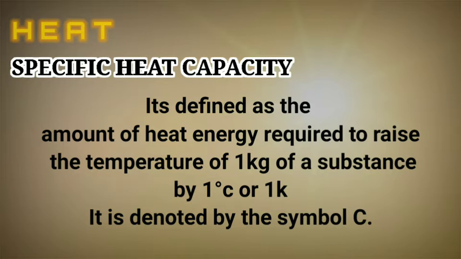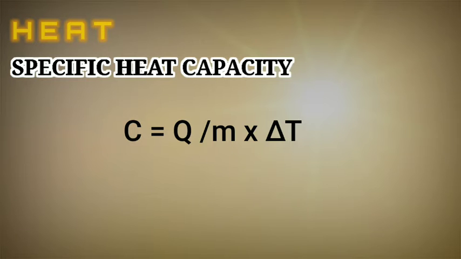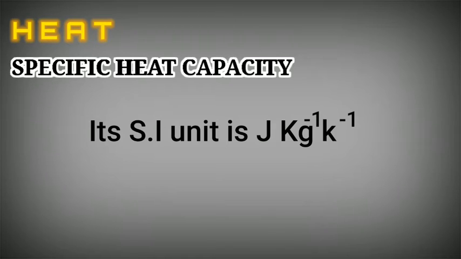It is denoted by the symbol C. Specific heat capacity is equal to amount of heat energy required, that is capital Q, divided by mass into rise in temperature. Therefore, C is equal to capital Q divided by small m into delta T. The SI unit of specific heat capacity is joule per kilogram per Kelvin.